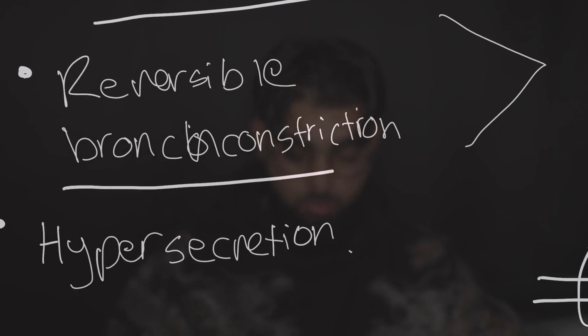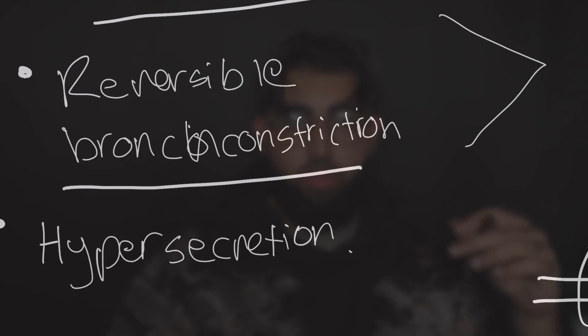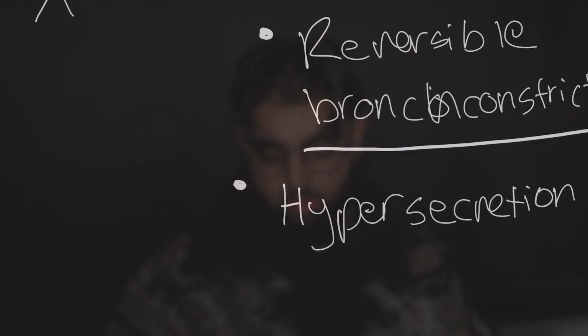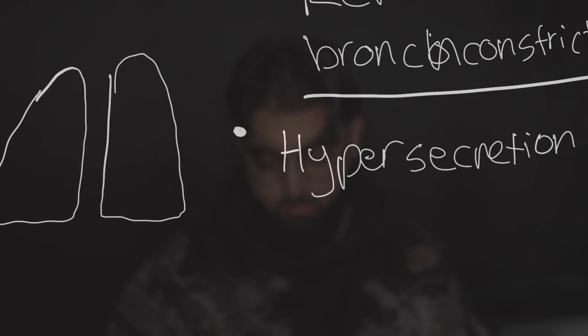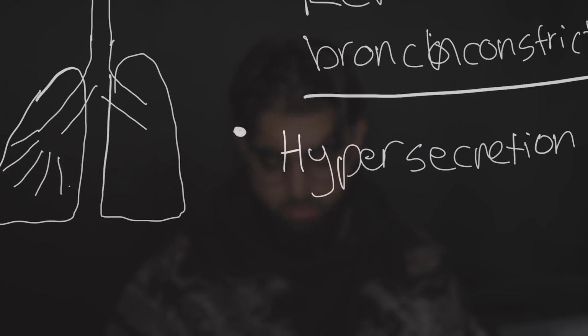Now, reversible bronchoconstriction, this is when the smooth muscles within the airways. So let's have a look at Mr. Whitecoat's airways. Here we have the left lung and the right lung, and then we have the trachea that comes down and then splits into the left and the right bronchi, then further splits into the secondary and the tertiary bronchi, into the bronchioles, and then into the alveoli.